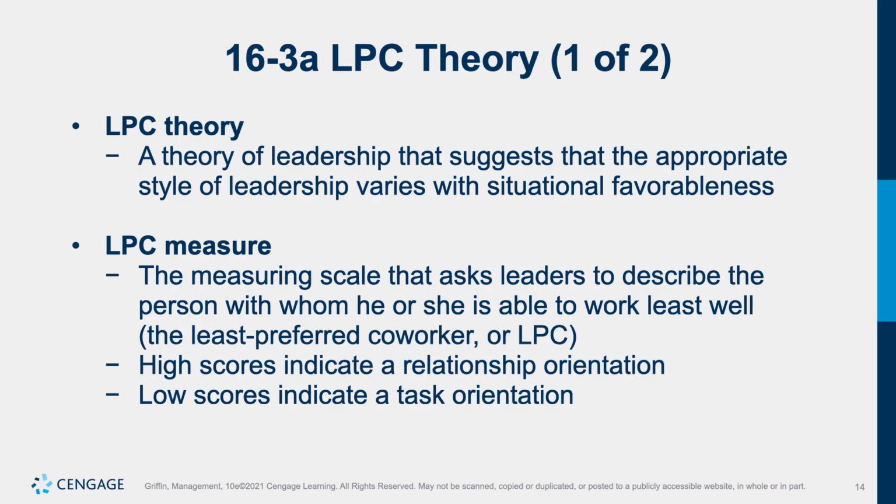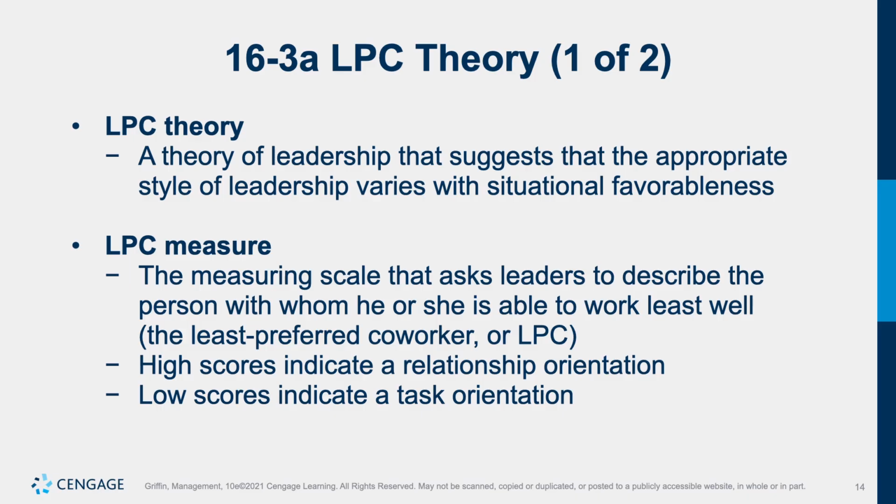One is the task-oriented personality, which is analogous to the job-centered and initiating structure behaviors. Then you have the relationship-oriented personality, which is similar to the employee-centered and consideration behaviors of both the Michigan and the Ohio State studies.